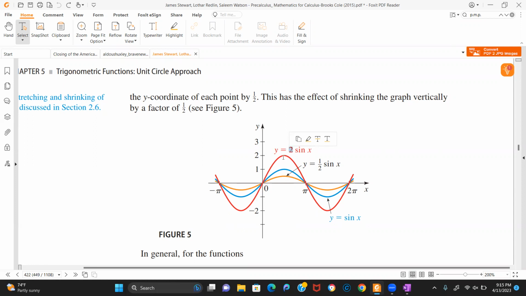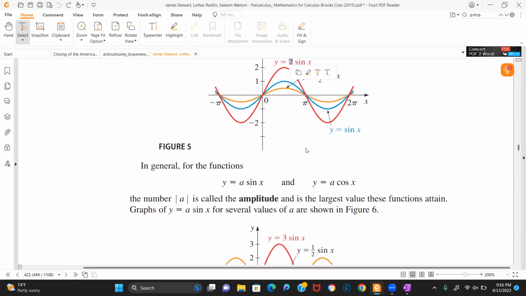In other words, you're changing the amplitude of these waves. And then 1/2 shrinks it to get this, I guess, orange curve, or this tan curve. So that's that.